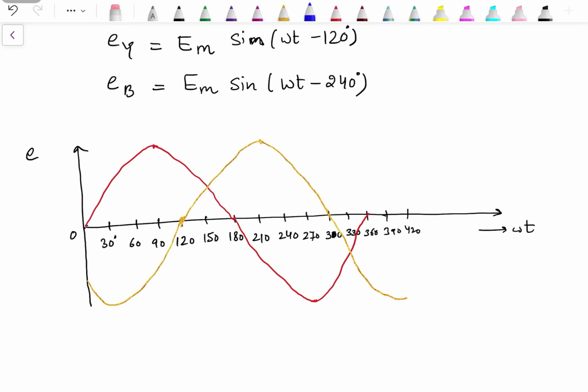And the blue phase, which is lagging behind the phase R by 240 degree, so it will start from here and it will have maximum positive value at 330 degrees.